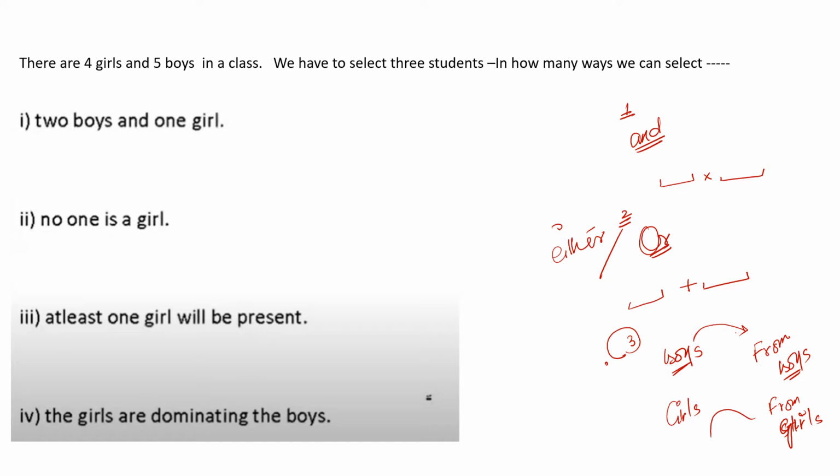For example, in a bag there are 5 red balls, 4 green balls and 7 yellow balls, for example. Okay, and you have to select 2 red balls. So when you select the 2 red balls, then you will select the red balls from the red balls.